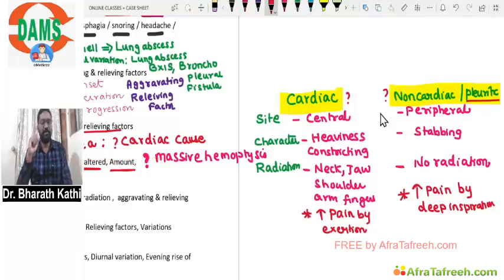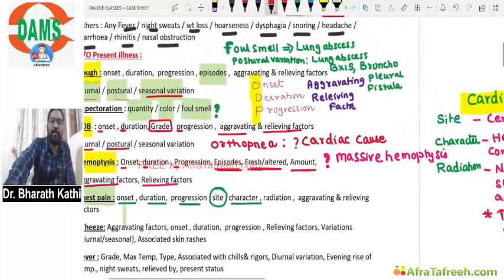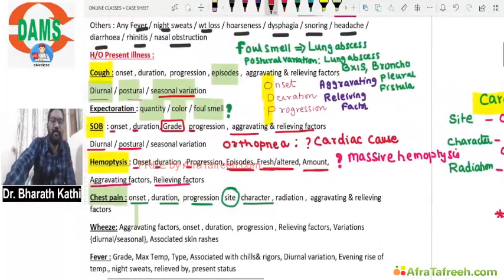If you are very thorough with basics, he will have a very good impression of you. If you can quickly tell the important differences between cardiac and non-cardiac chest pain, site, character, radiation and aggravation, he will think this fellow knows basics. That is the way you have to ask regarding chest pain.